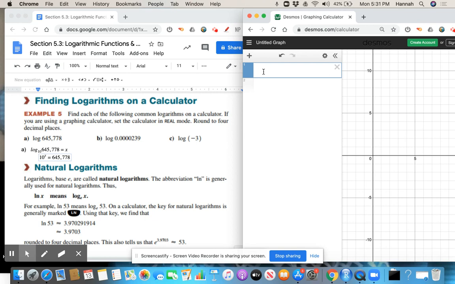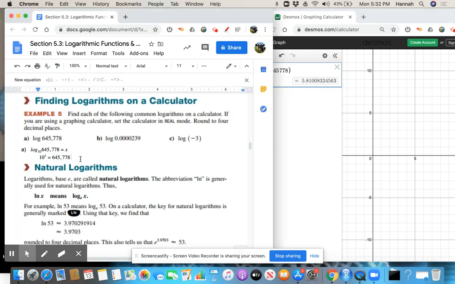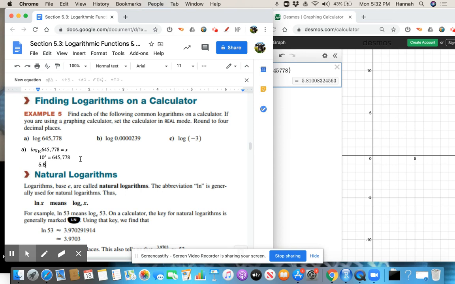I can walk over to Desmos here, and I can say, what is the log of 645,778? I believe it makes you put this in parentheses in Desmos. Oh, it also makes you leave out the comma. Right there, it tells me that the exponent that I'm missing is 5.81. I probably could have gotten there eventually if I had tried long enough, but it would have been a while. So my answer there is 5.81.